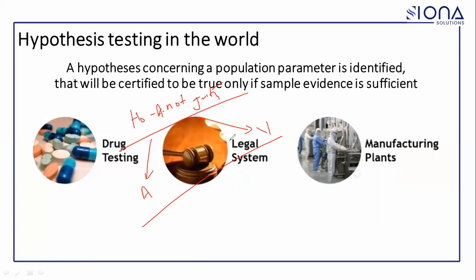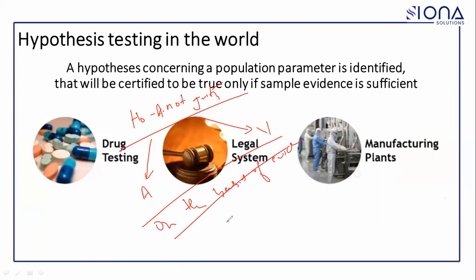Yes. Till sufficient evidence is available at the court, when the judge gives the final hearing, what will the judge say? The judge says it on the basis of evidence, correct?